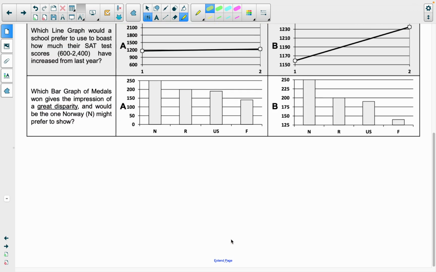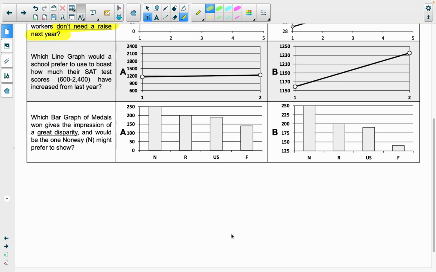All right, let's take a look at your third one. Both graphs say the same information. Okay, it says, which line graph would a school prefer to use to boast about their SAT test scores and saying, hey, they've really increased from last year?